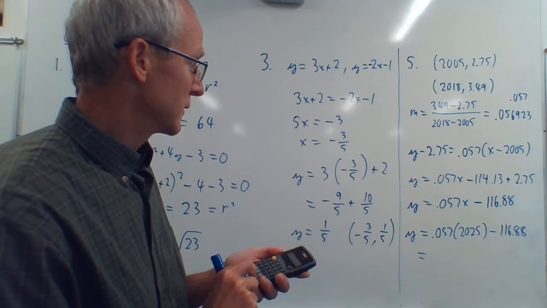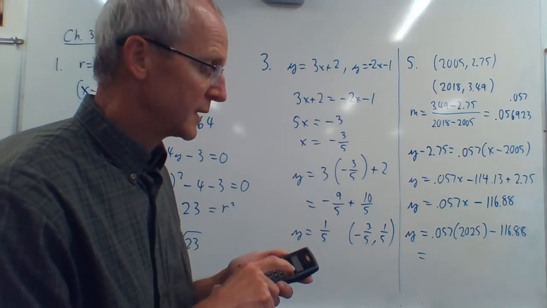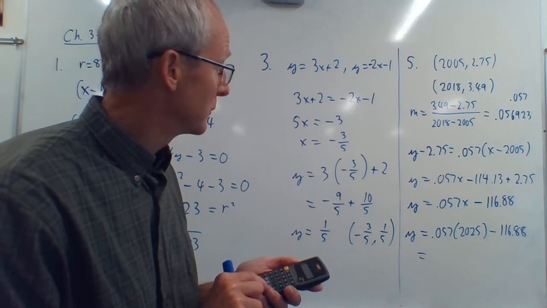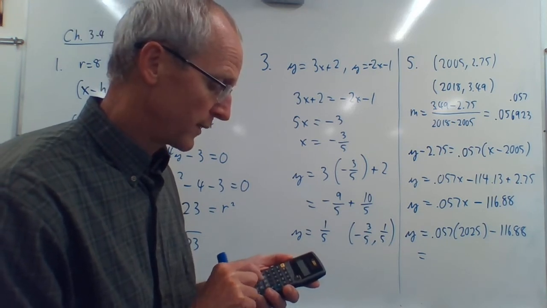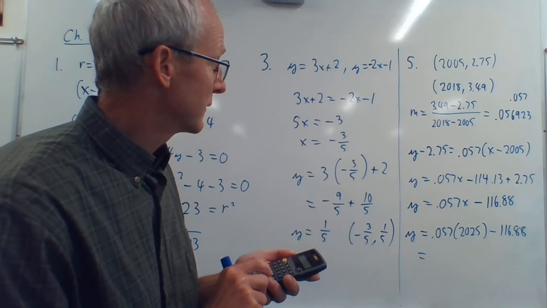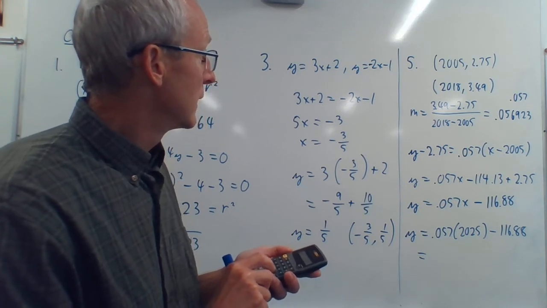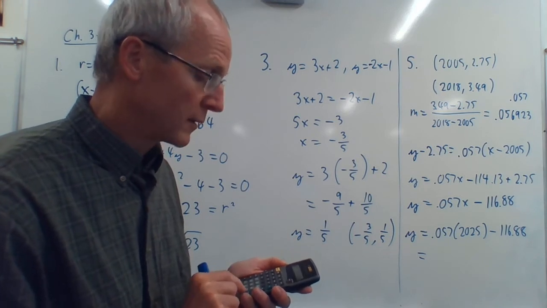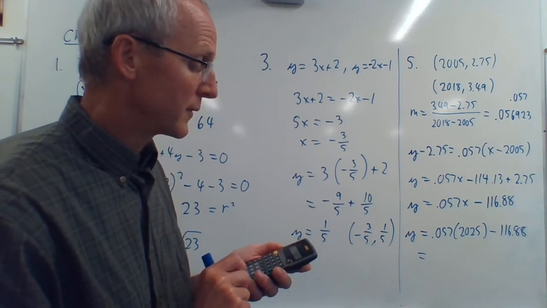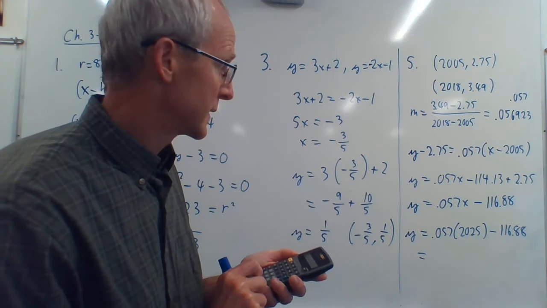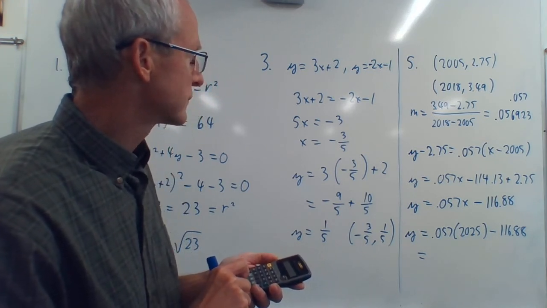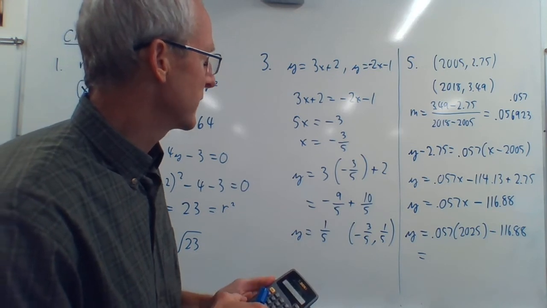Okay. So did I do that wrong? You guys should have corrected me. 3.49 minus 2.75 is 0.74, divided by 13, 0.057. No, that's right. Okay, so the slope is right.